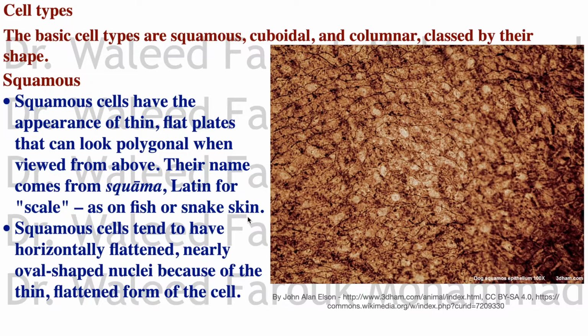They are flat and thin cells and look polygonal when viewed from above, like the section you see here. They tend to be flattened horizontally, and they have nearly oval-shaped nuclei because of the thin, flattened form of the cell.